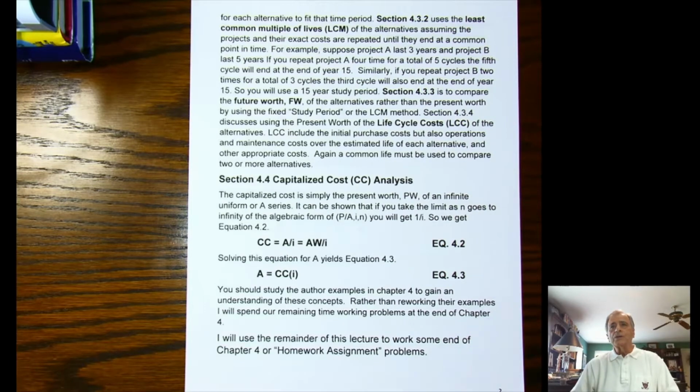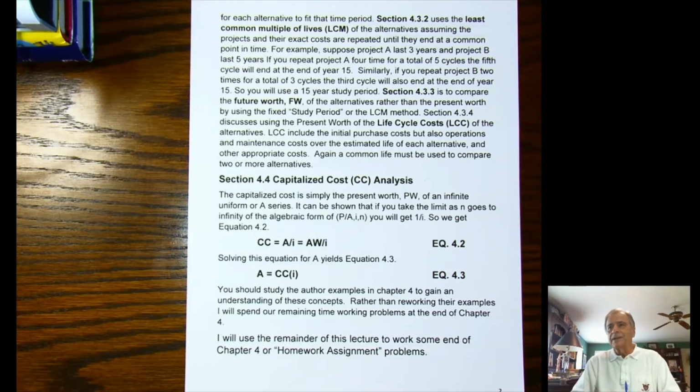So what you do is you say, well, if we repeated that 3-year project 4 times so that we had a total of 5 cycles, they would end at year 15. And then if we repeated the 5-year project 2 times, or total of 3 cycles, it would also end at a common length of time, which would be 15 years. So you'd use a 15-year period and assume the cash flows exactly repeat themselves.